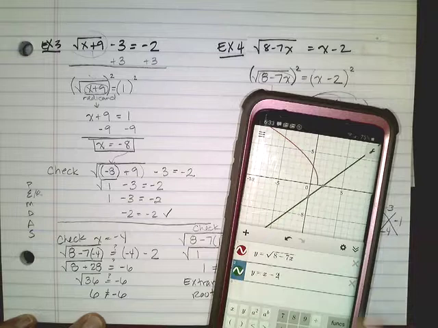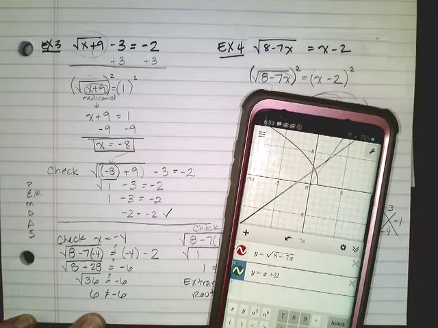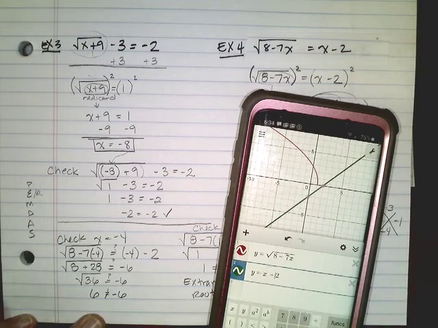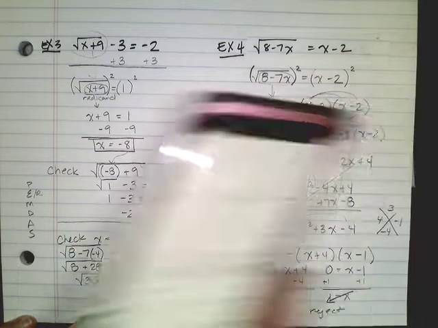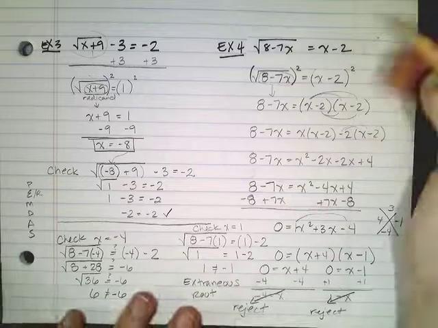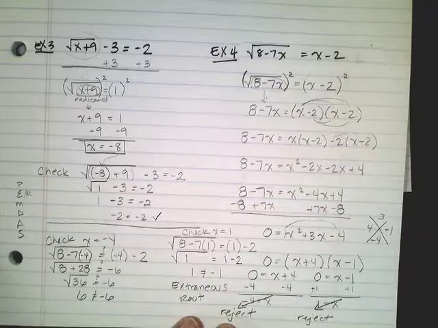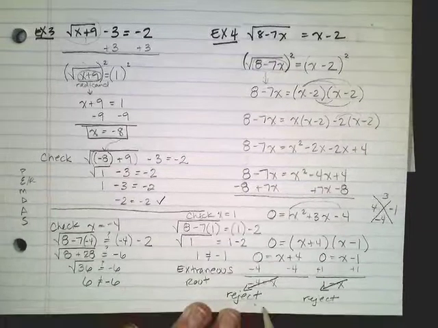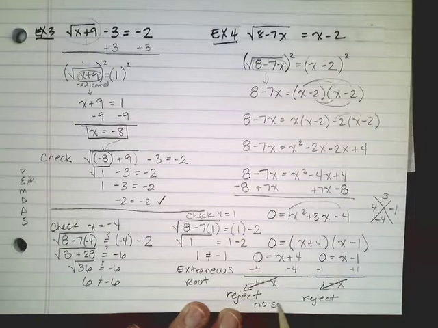Okay? If this had been x plus 2, we would have had an answer, right? But unfortunately, it's not. It's x minus 2. And if the graphs don't intersect, then we don't have a solution. So we would say for this one, I'm going to write down here, no solution.